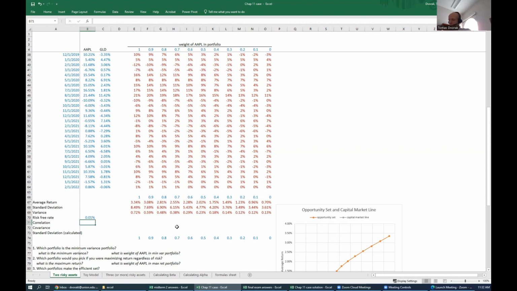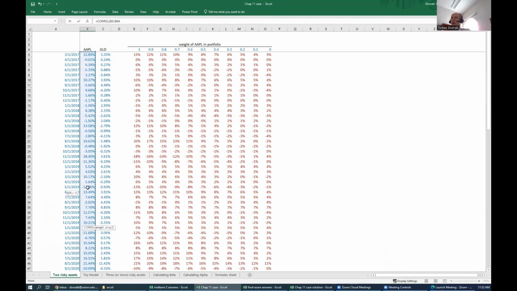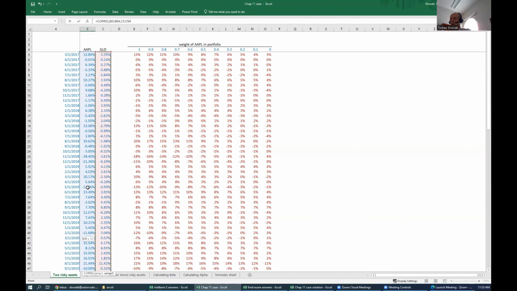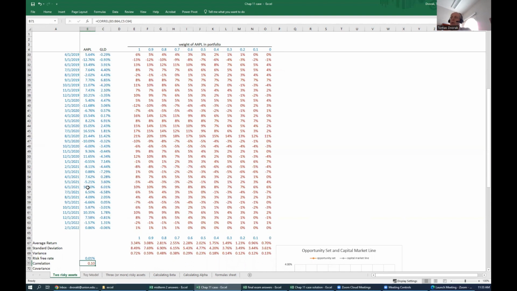So I'm going to do correl, and I have two arrays: the first array is my Apple, the second array is my return on Gold. I close the parentheses, and I see that there's a 0.1 correlation between the return on Apple and Gold.